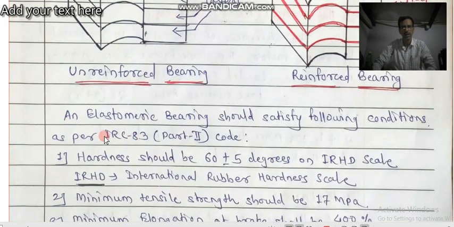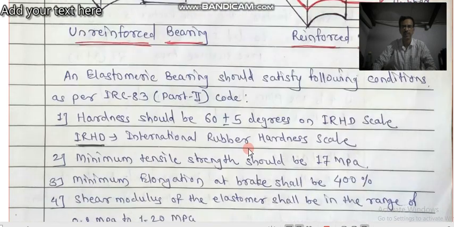An elastomeric bearing should satisfy the following conditions as per IRC 83 Part 2. The hardness of the elastomeric bearing should be 60 plus or minus 5 degrees on the IRHD scale. What is the IRHD scale? It is the International Rubber Hardness Scale.